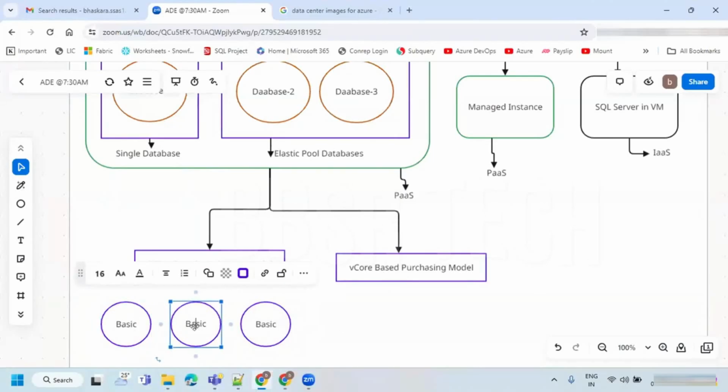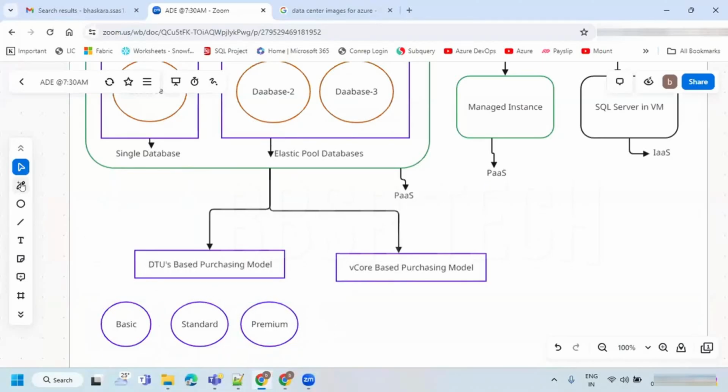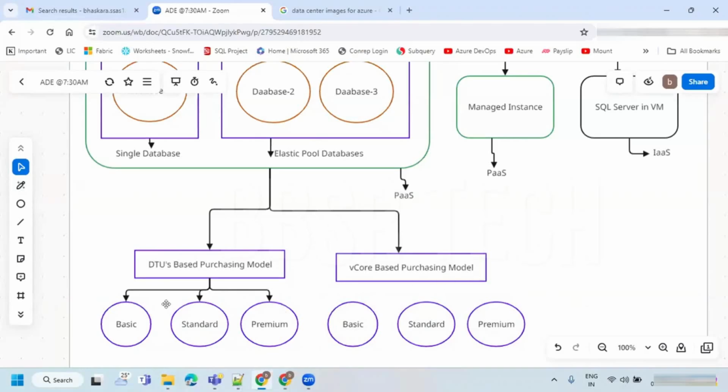First is basic, second is standard, and third is premium. So we can call these three the pricing tiers under a purchasing model. And in the same way, the way I have three here, I have three under the vCore based purchasing model also.